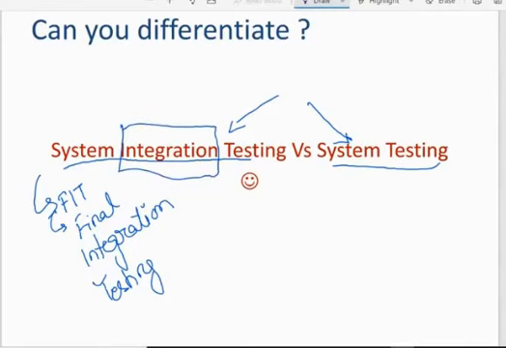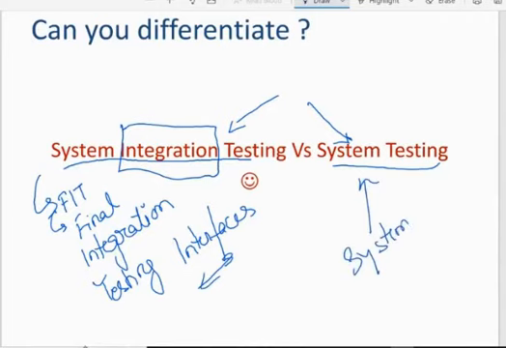System integration testing. I'm looking for the interfaces. Those links, those connections, those joins. Here I'm looking for a system as a whole. I am not focusing on your interfaces at all.